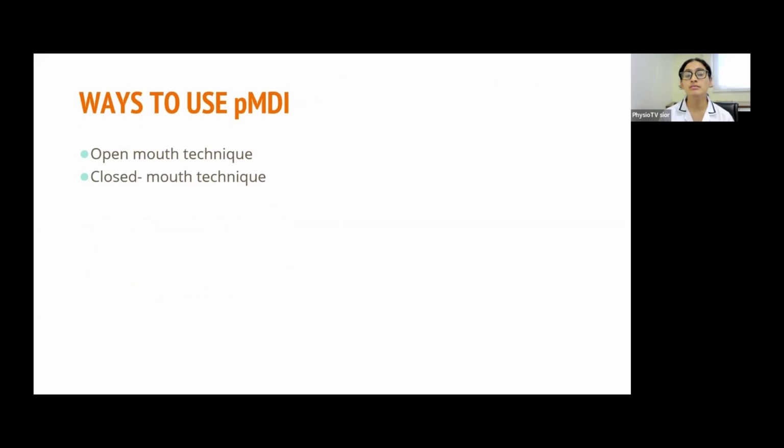Ways to use the PMDI. There are two techniques which can be used by a patient. First is the open mouth technique, and second is the closed mouth technique.